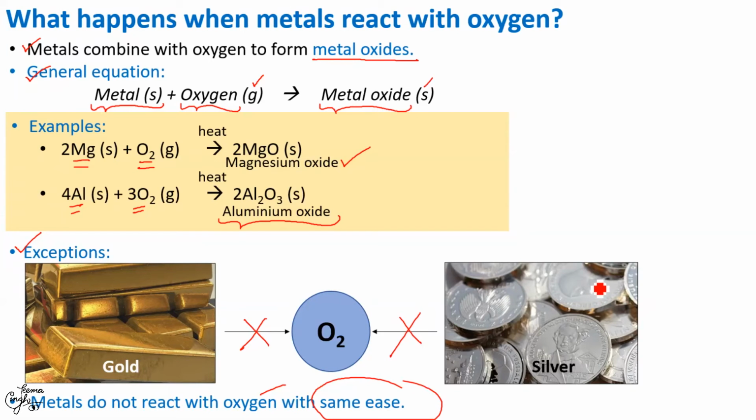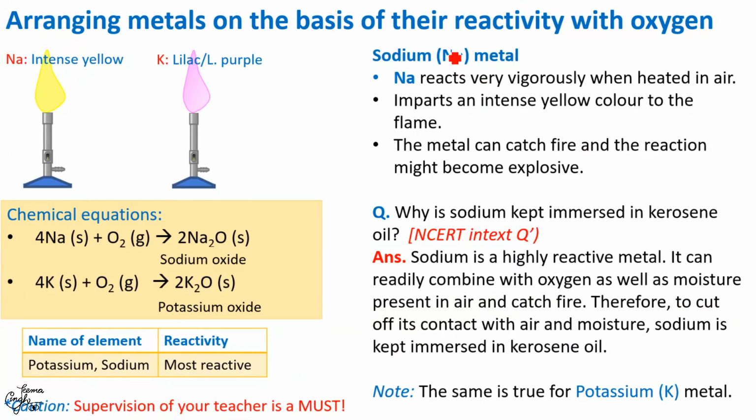Depending on this, we'll try to arrange the metal samples in decreasing order of their reactivity towards oxygen. Also note that most of the metal samples which we have taken give a characteristic color to the flame of the Bunsen burner. Let us study each metal sample in detail, beginning with sodium metal.